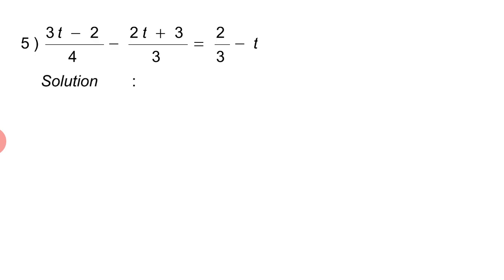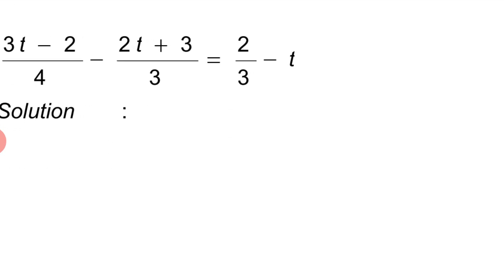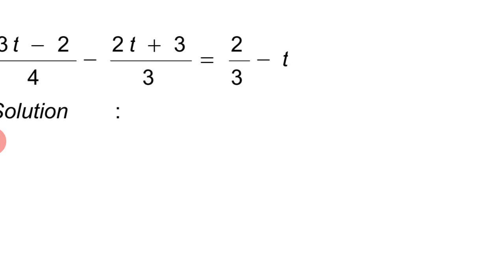Now here 3t minus 2 upon 4 minus 2t plus 3 upon 3 is equal to 2 by 3 minus t. Now see, the problem is a little complicated. Now here children, use of bracket is important, and how do you use it? That is also very important.